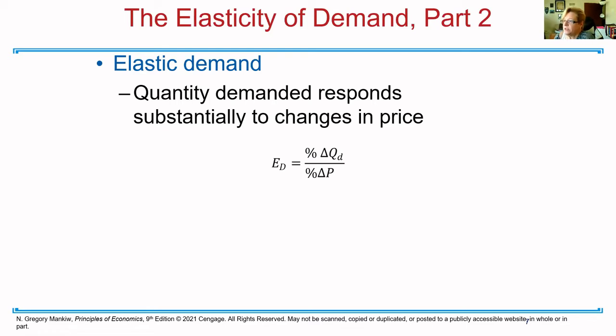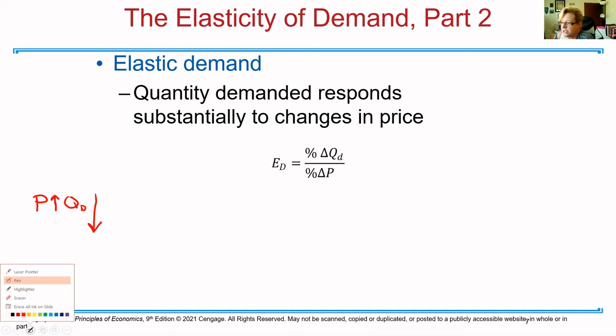So let's talk first of all about elastic demand. So elastic demand says if the price increases, the quantity demanded decreases, and when it decreases by a bunch. Remember that when I use arrows in your course, it also means if the price decreases, the quantity is going to increase a lot.